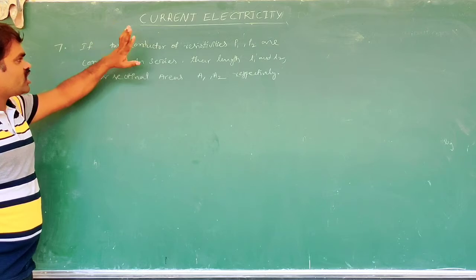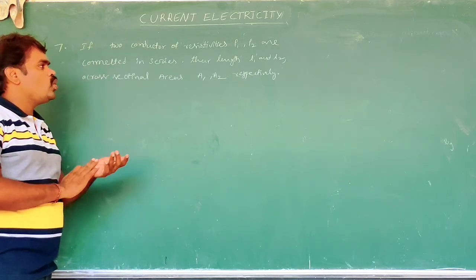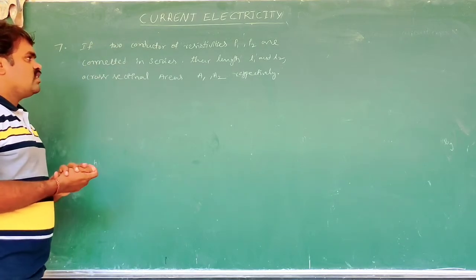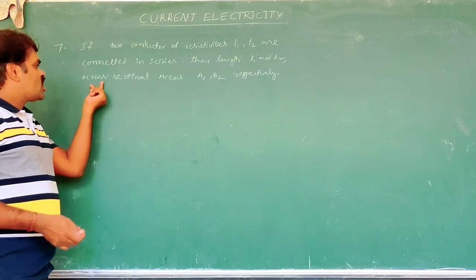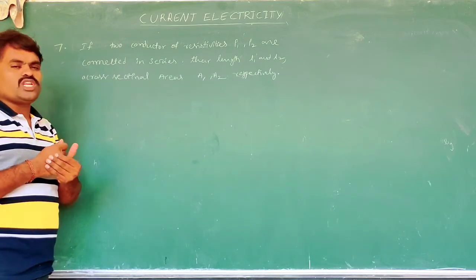If two conductors of resistivities rho 1 and rho 2 are connected in series, their lengths are L1 and L2, and cross sectional areas A1 and A2 respectively.